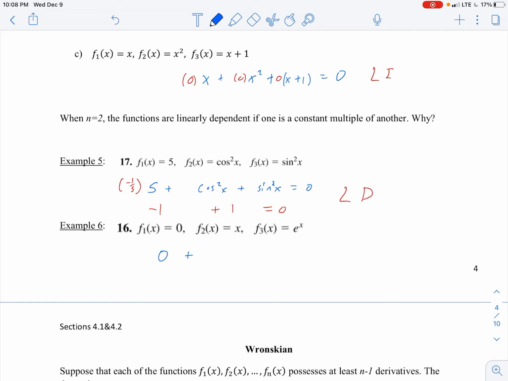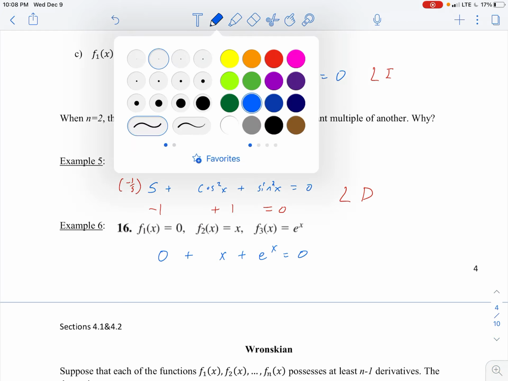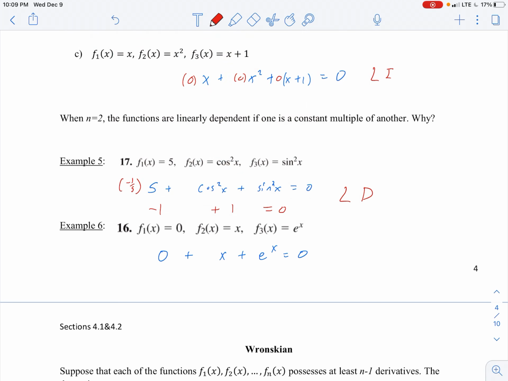We have 0 plus x plus e to the x equals 0. Now remember, it's linearly dependent if we're able to multiply by constants that are not all 0.